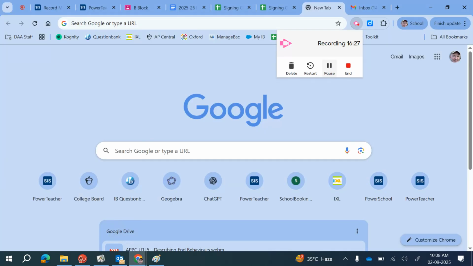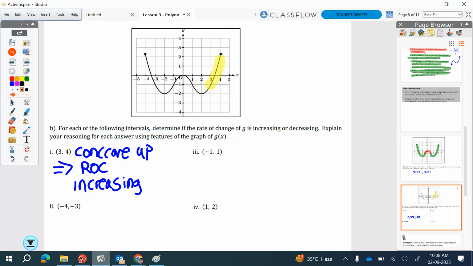Let's have a look at our answers. So number 2, what have we got here? We're looking at which interval? Minus 4 to, we're looking here. Is it concave up or down? Up. This is concave up.